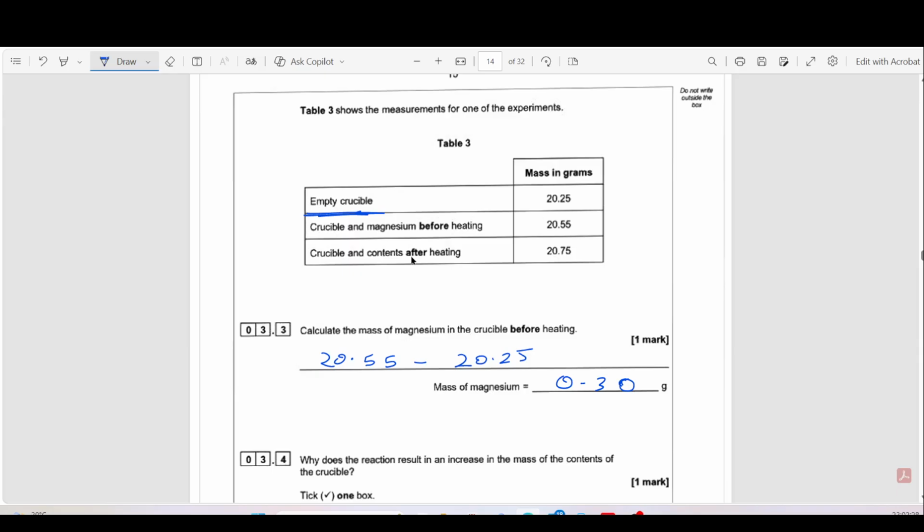So if you see this, this is 20.55, right? And this empty is 20.25. So calculate mass of magnesium before heating. If we need to subtract, because this is for before heating, we need to subtract the empty one, and this will just give us the mass of the magnesium, right?